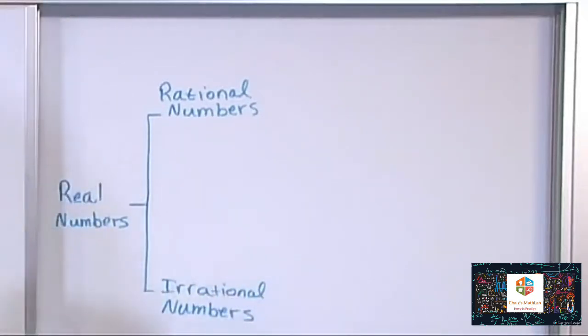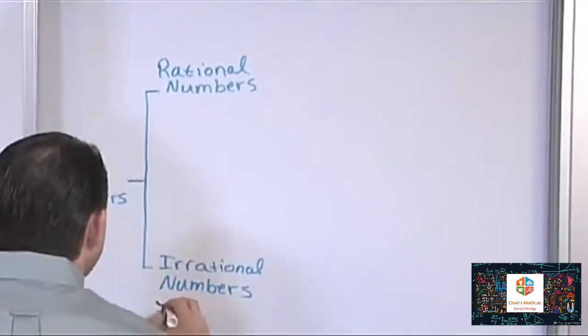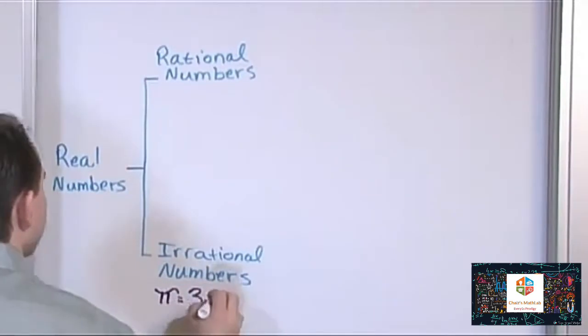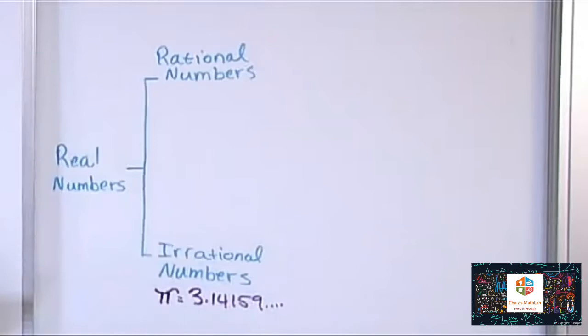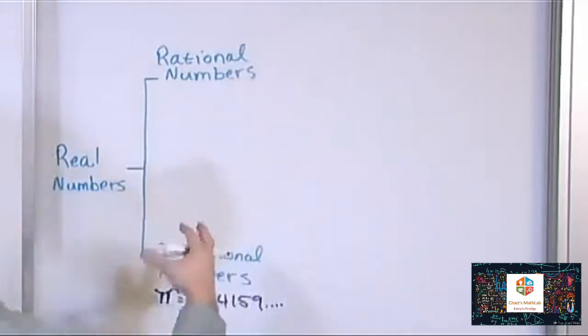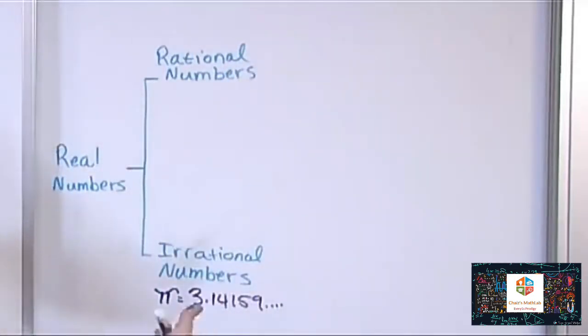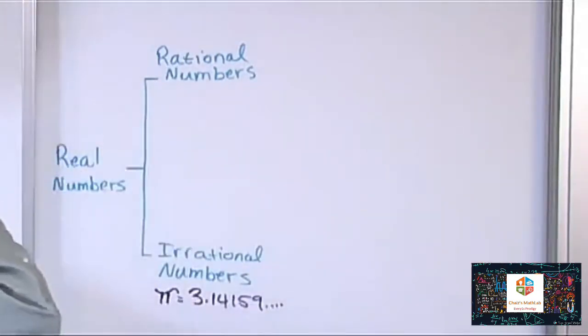Now, just to refresh your memory, something like an irrational number would be the number pi, 3.14159, dot, dot, dot. You cannot write this as a fraction. All of the rational numbers can be written as a fraction. All of the irrational numbers are just these random decimals that go on and on forever, and you can't actually write them as a fraction.